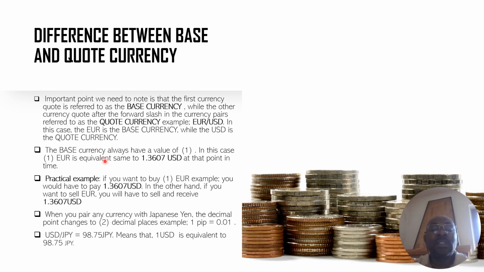The base currency always has a value of 1. In this case, 1 euro is equivalent to 1.3607 USD, at that point in time, just for teaching purposes. Practical example: if you want to buy 1 euro, you would have to pay 1.3607 USD.